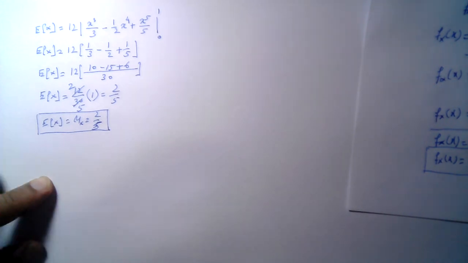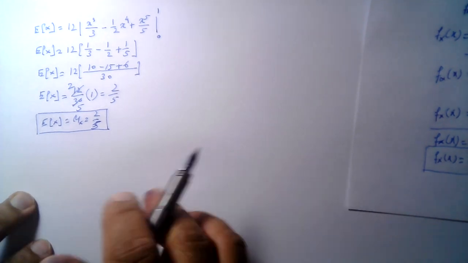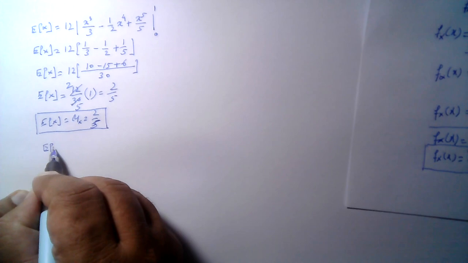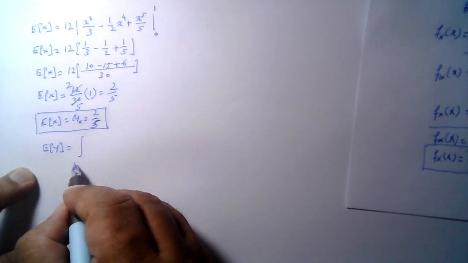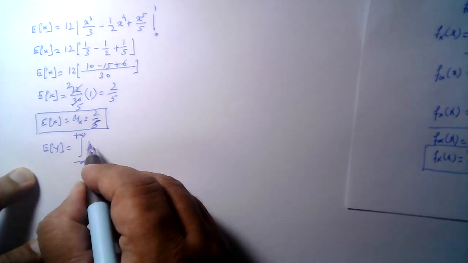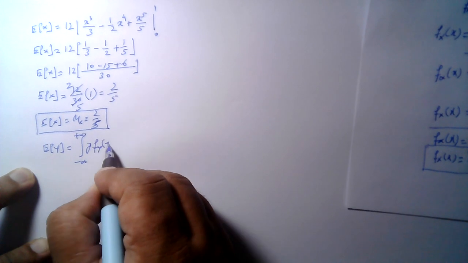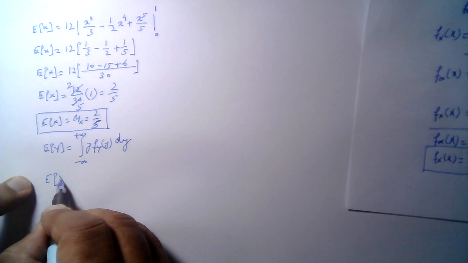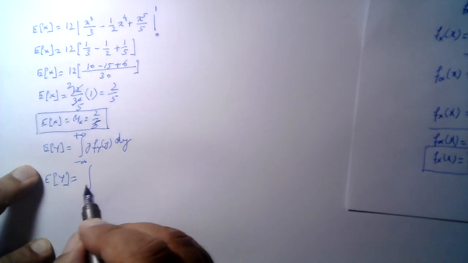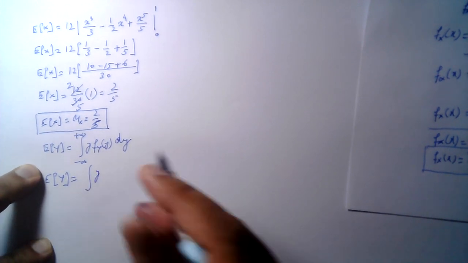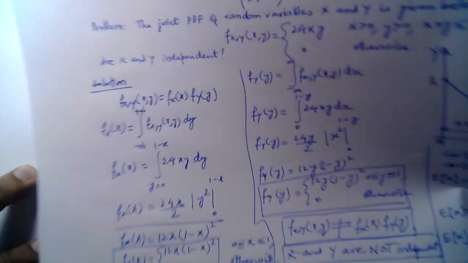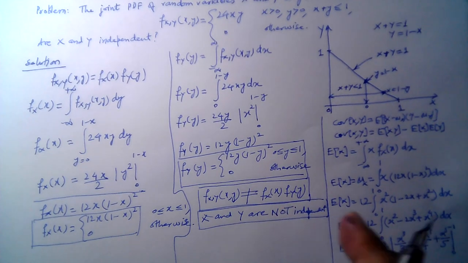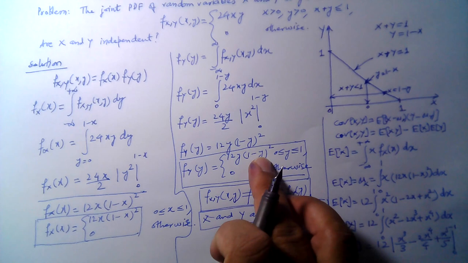Similarly, we can also find the expected value of y. So expected value of y is given by the integral from minus infinity to plus infinity of y, fy of y, dy, right? So expected value of y is y times the PDF of y, which is 12y into 1 minus y square.